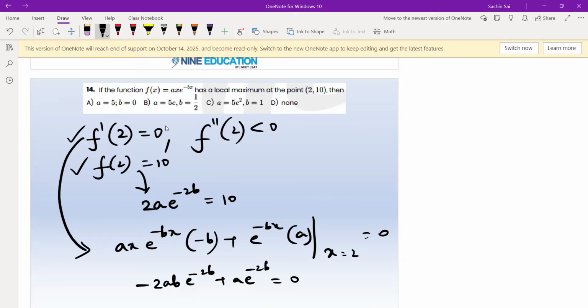So yes, it is quite possible that you get an answer here, but please make sure you check whether the second derivative is negative. If the second derivative is not negative, then even if you get a value for a and b, that may not be the correct answer, because for the local maximum, the second derivative test is also very important, right?